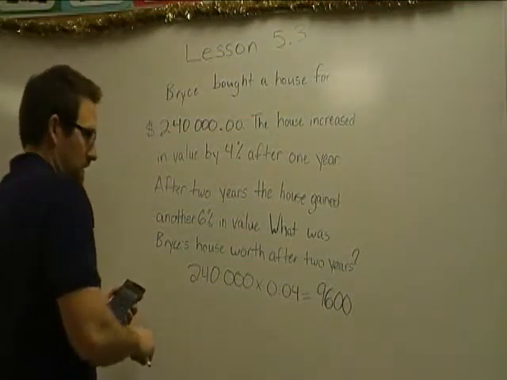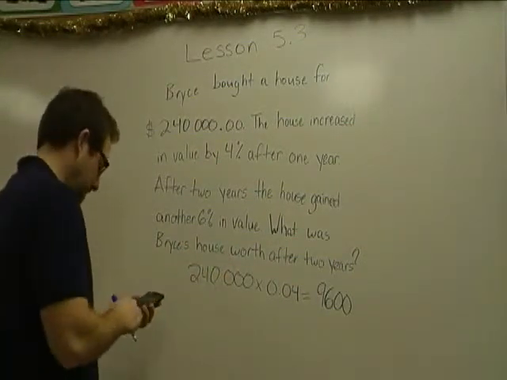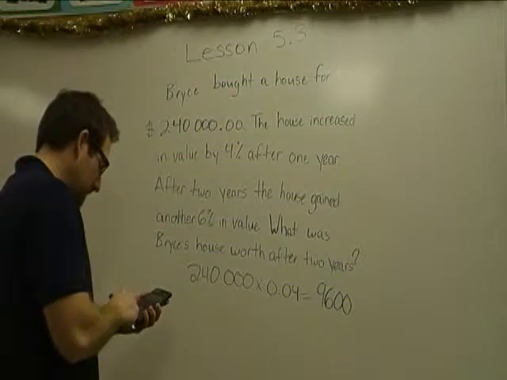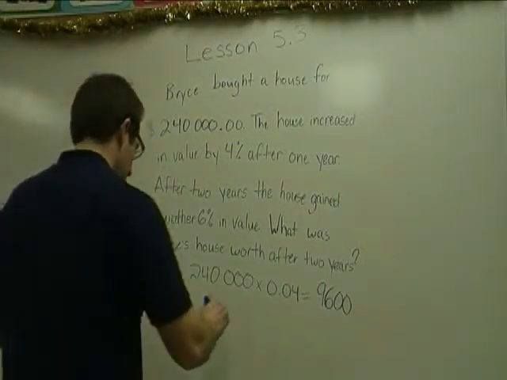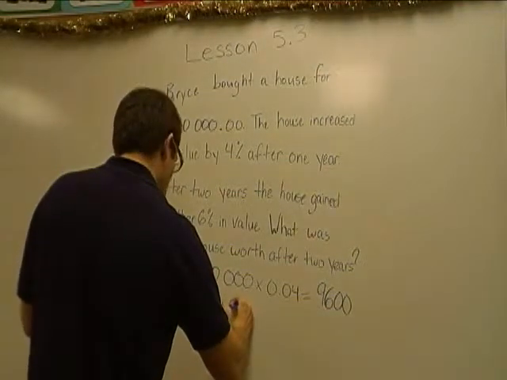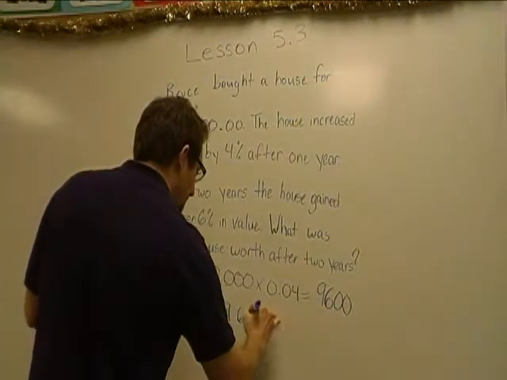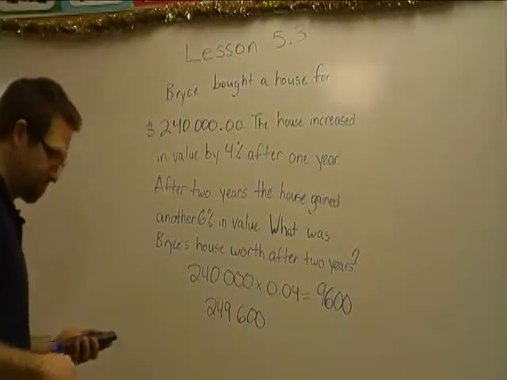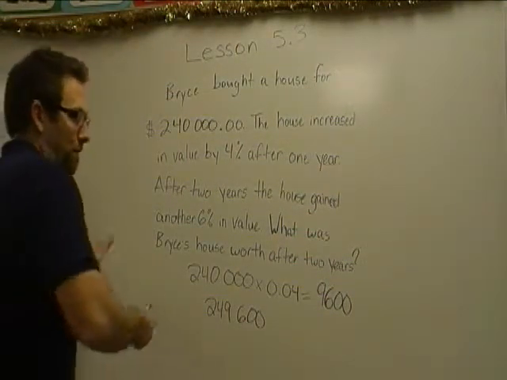So take 240,000, add your increase of 9,600. Okay, your total is $249,600. Okay, but we're not done yet because remember it gained 6% the following year.